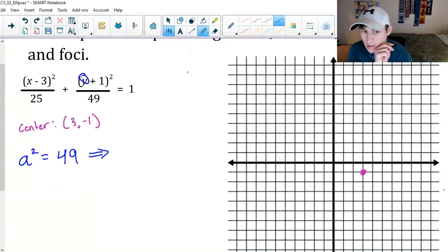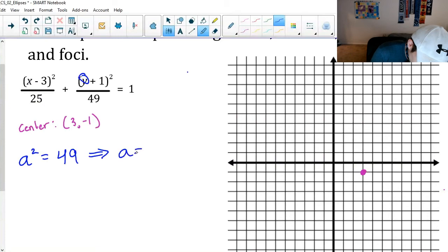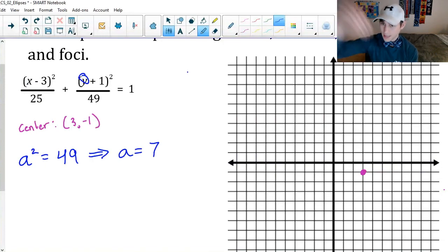So since I can see that the larger value is beneath the y value, this is going to be a vertical ellipse. It's going to be longer, kind of taller. So a is 7. So that means from the center, to get the vertices, I'm going to go up 7 and down 7.